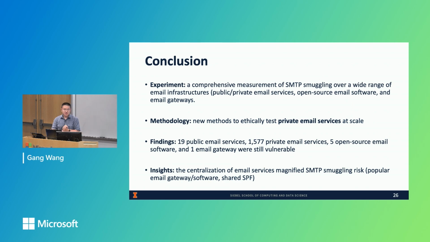So in conclusion, we did a comprehensive measurement study on this. We found a lot of vulnerable systems, but I think the most important insight is that we found a way to ethically test a lot of private email services, and hopefully this is a methodology that can be generalized to other scenarios.